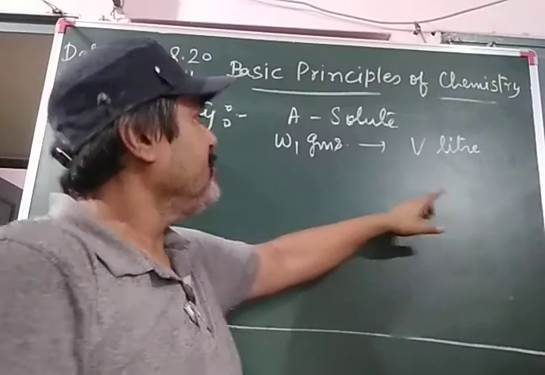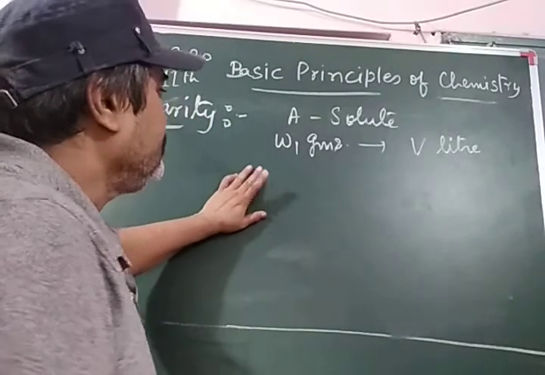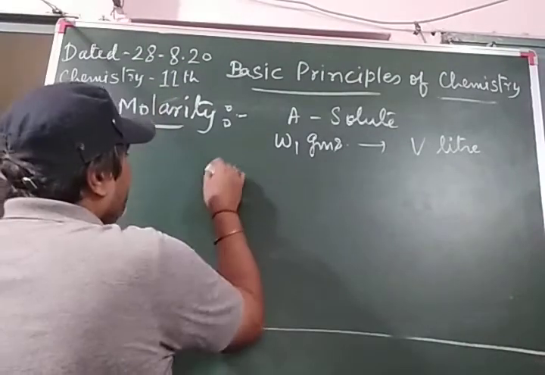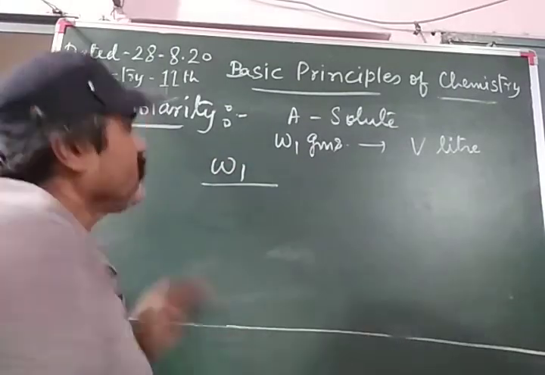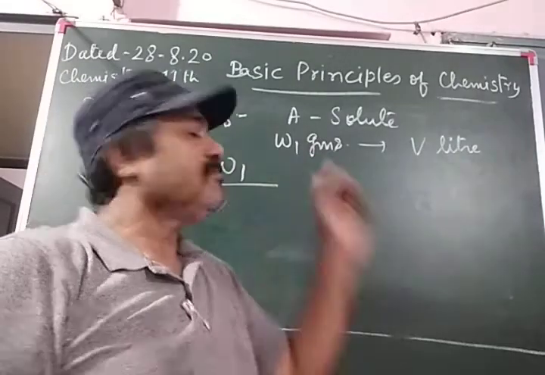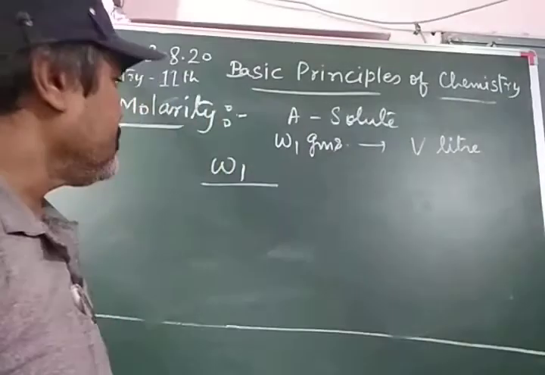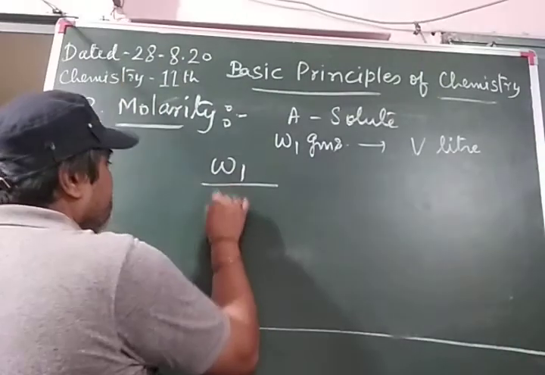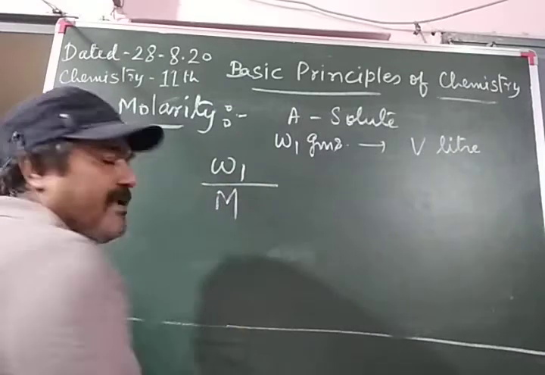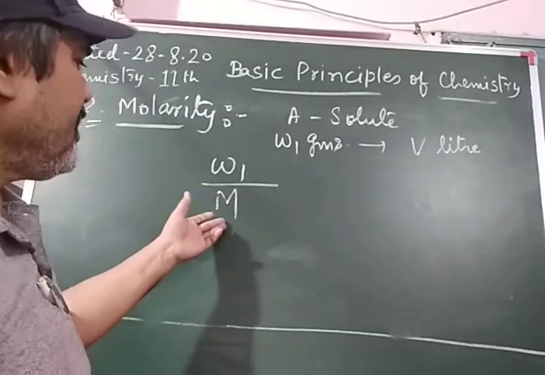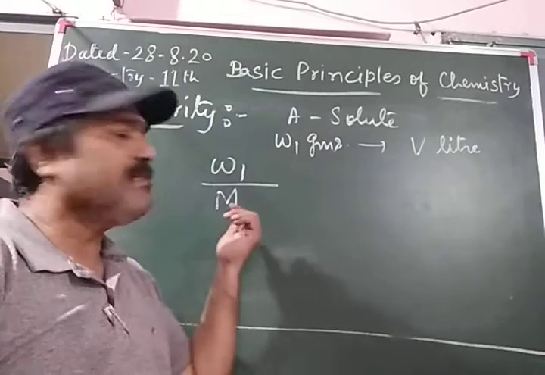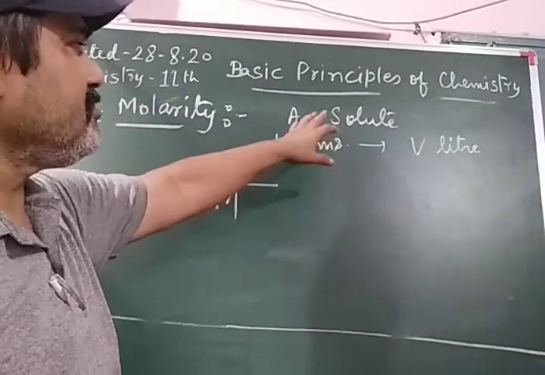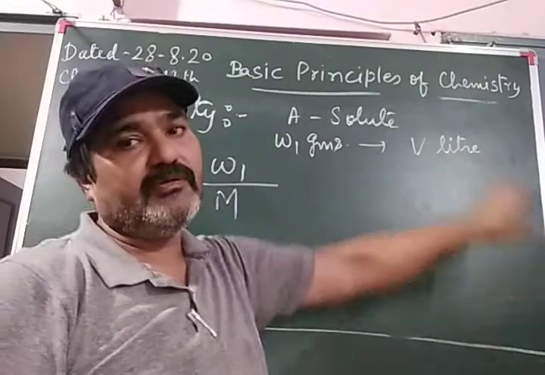So first of all, we will find the number of moles. The number of moles is equal to the mass given divided by its molar mass. Let M be the molar mass of the solute, and let W1 grams of this solute is dissolved in V liter of the solution.